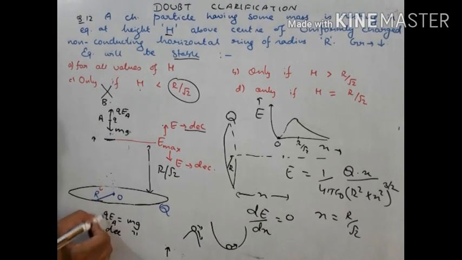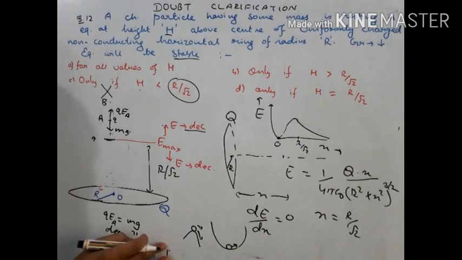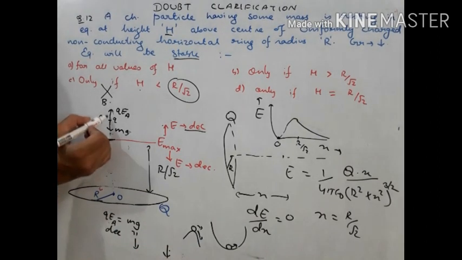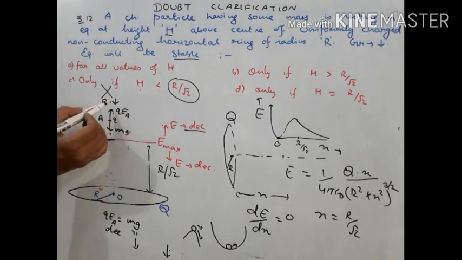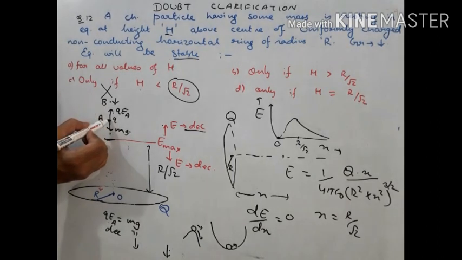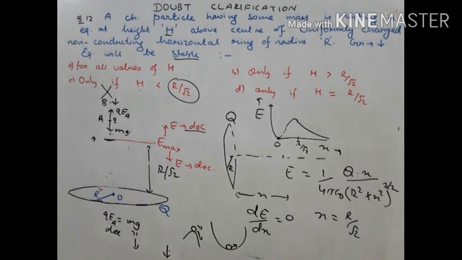So this will become less. That means gravity will become dominant. It will become more. And in which direction is gravity acting? It is acting in downward direction. So the net force now will act in which direction? Downward direction. So if you shift it to a point B above A, the net force will act in downward direction, and that's why it will shift back to the initial position A.